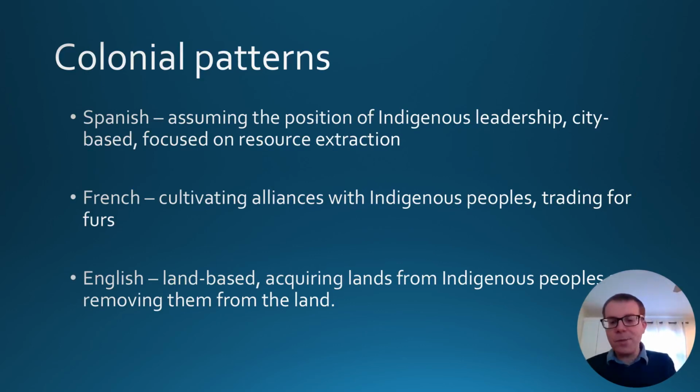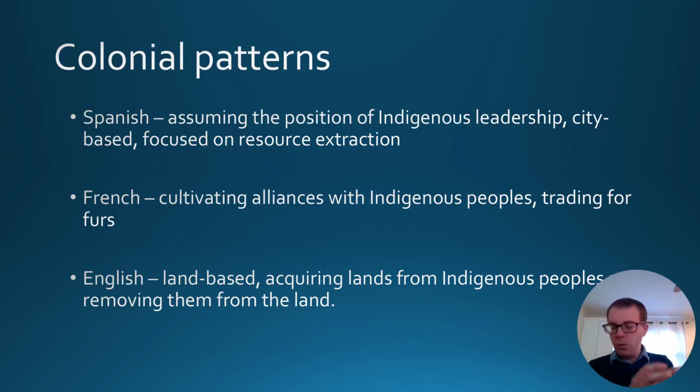That's what the Spanish did with the Aztec Empire. They take Tenochtitlan, and they govern the Aztec Empire effectively from the palaces of Tenochtitlan. This sort of colonial strategy is city-based.